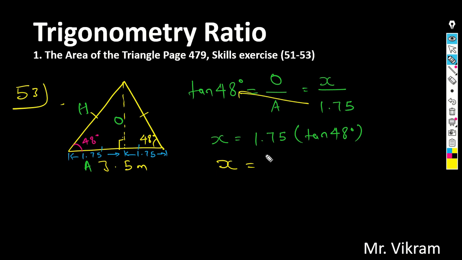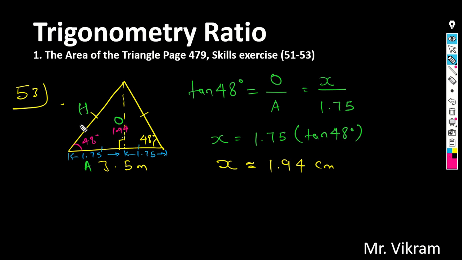So 1.75 tan 48 degree will give me 1.94 centimeter. Okay, so now I know two sides. This is 1.94.